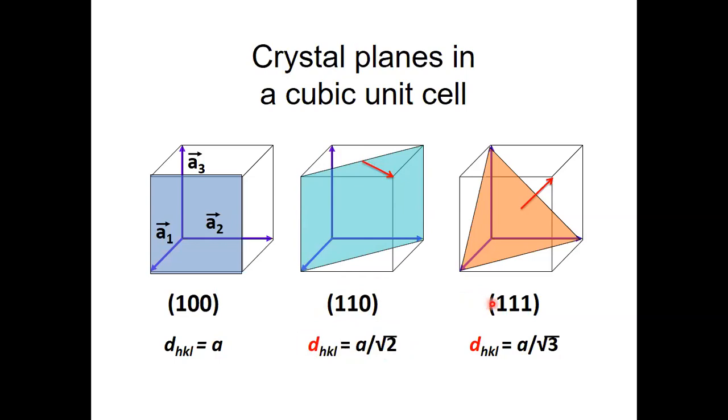Okay, and when we look at the 1, 1, 1 lattice planes, then the distance between these 1, 1, 1 lattice planes, and one of them you see here, is equal to half of a space diagonal within such a cube. Okay, it is equal to A over the square root of 3 to be precise.